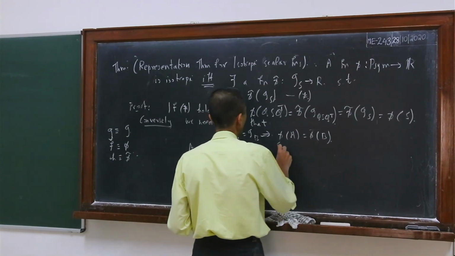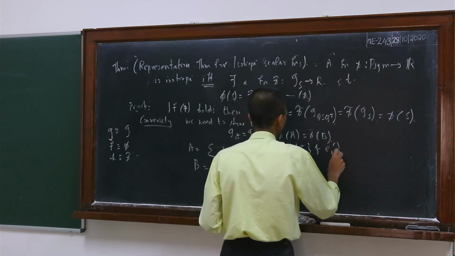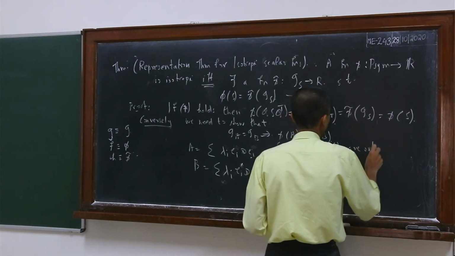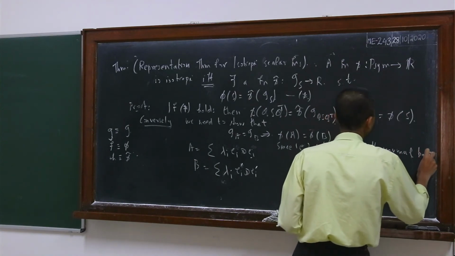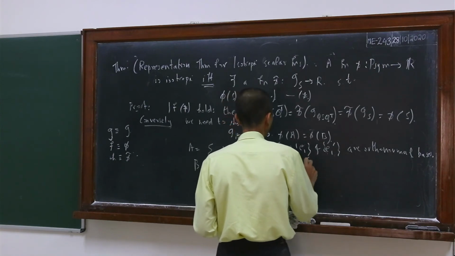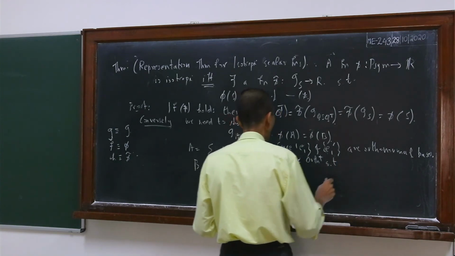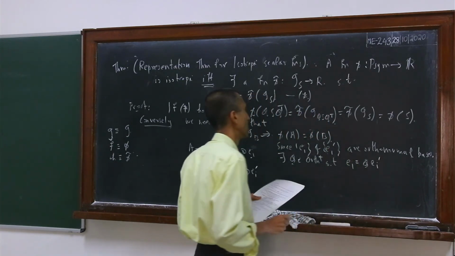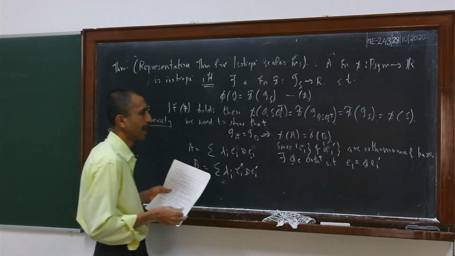Since EI and EI prime are orthonormal bases, there exists Q belonging to orthogonal tensors such that EI is equal to Q times EI prime in this particular case. We have seen lots and lots of examples of this already.